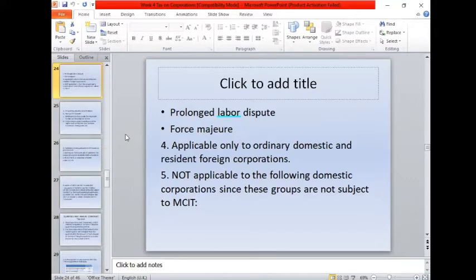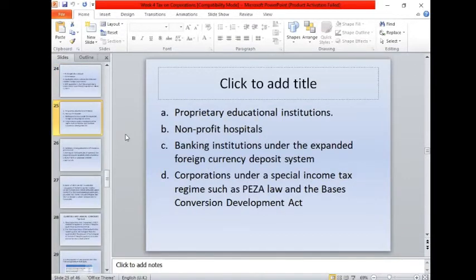Please take note of guideline number 5, that the minimum corporate income tax is not applicable to the following domestic corporations, which are not subject to MCIT. And what are those?